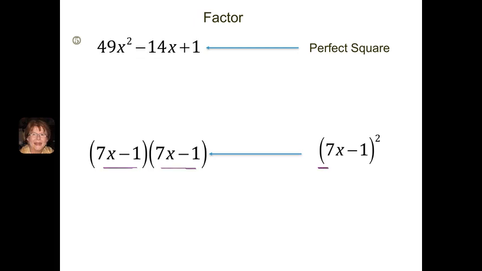We can write this expression as 7x minus 1 squared, just like our 49, we can write as 7 squared. It's important that you understand that a perfect square means that when you factor it, the two factors are identical.